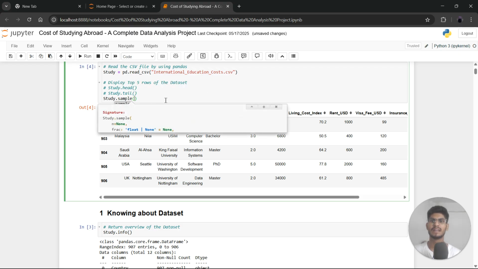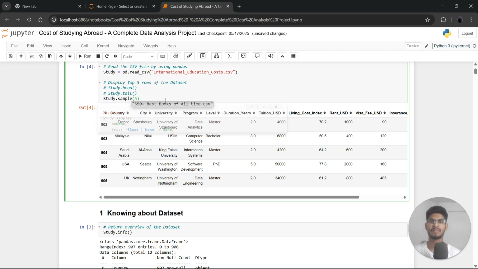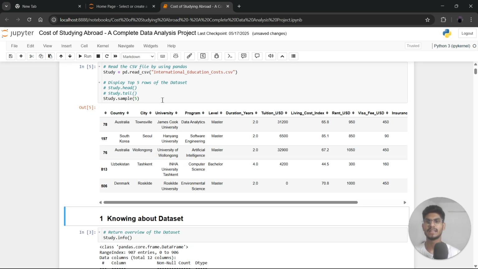The sample function will return only a single row by default, and if you want 5 rows or 10 rows, enter the number you want to print right here. I want to print 5. Now we will see any random 5 rows. We have index 78, 197, then 96.